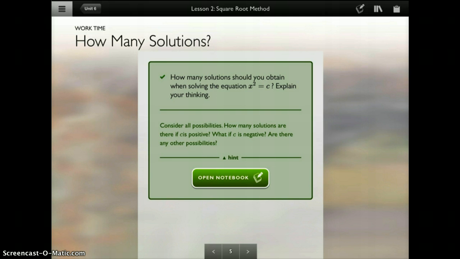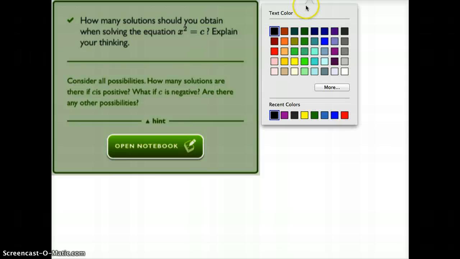Okay, so let's answer this in our notebook. Mine will just be another slide. Since I can't have a notebook in this program, I'm just going to move the equation here. I'm going to write 3 possible equations, and you're going to figure out what the possibilities are.